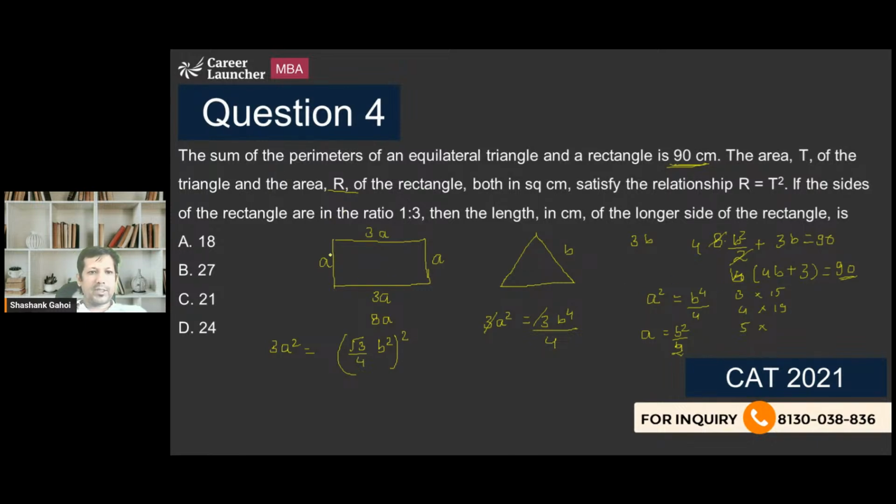Some of the parameters. Perimeter is 8A. Area is 3A square. Area of equilateral triangle is root 3 by 4 times B square, and this is the relation. So 3A square is equal to 3B power 4. Okay, I made a mistake over here. It shouldn't be this.